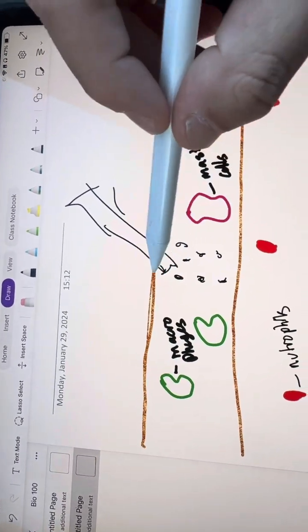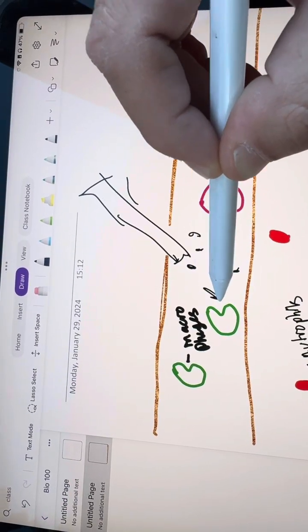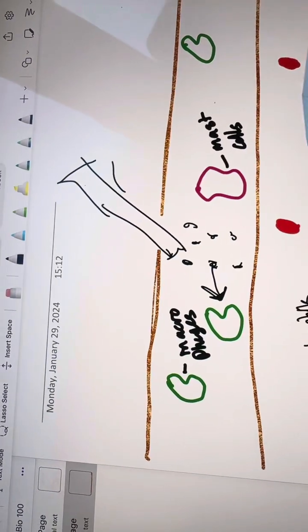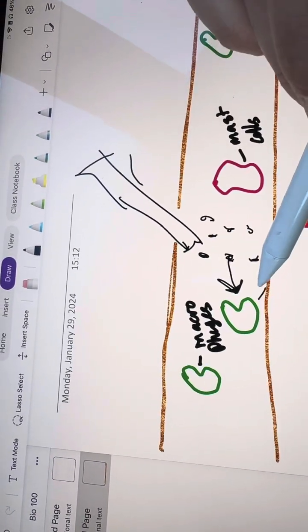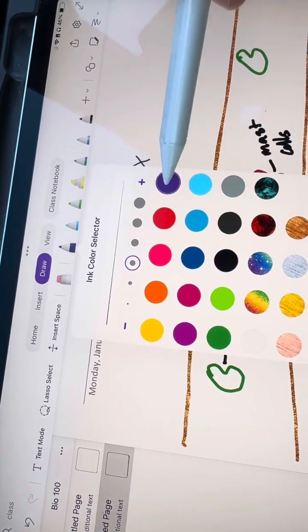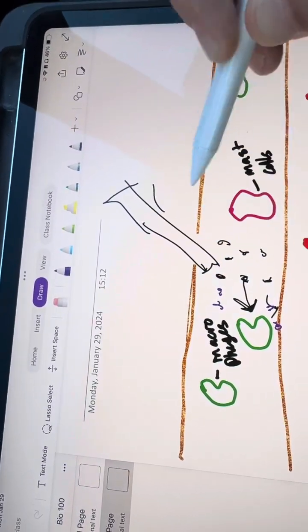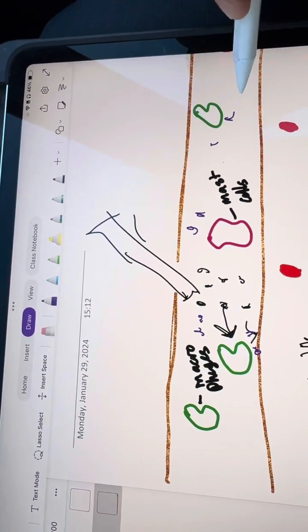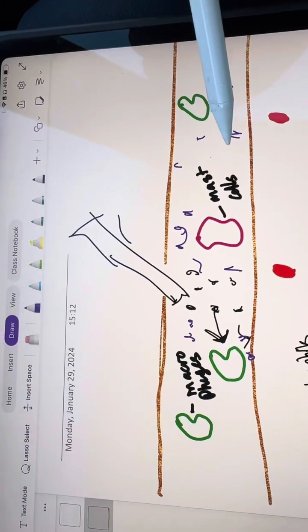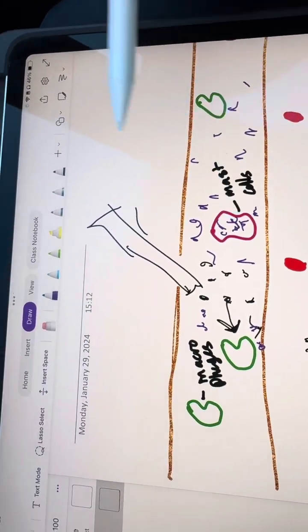What these pathogens are going to do is they are going to connect with the macrophages, and these macrophages are going to release cytokines, which is purple. They're going to release cytokines all inside of the blood or in the skin, and those cytokines are going to stimulate the mast cells.